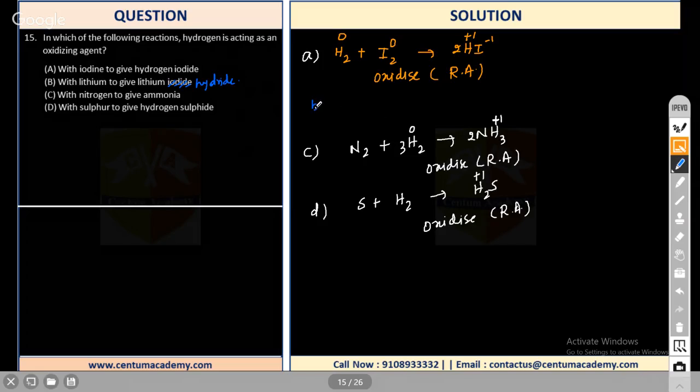So you see the reaction Li plus H2. It forms what? 2 LiH, hydrides of first group, that is alkali metals. It is -1 and here it is 0. So it is getting reduced, right? It means it is an oxidizing agent.